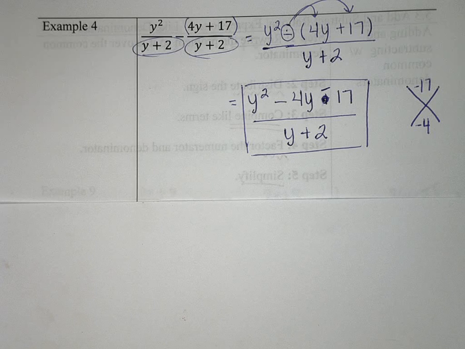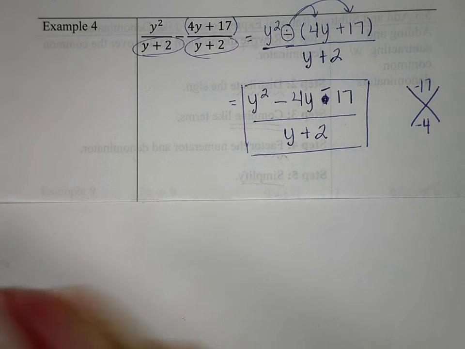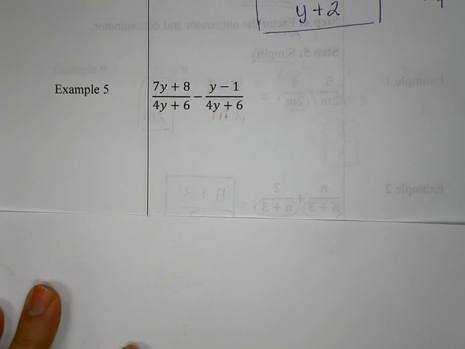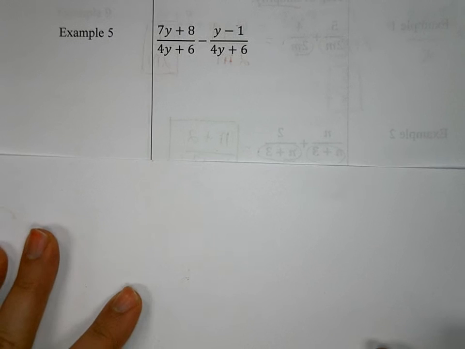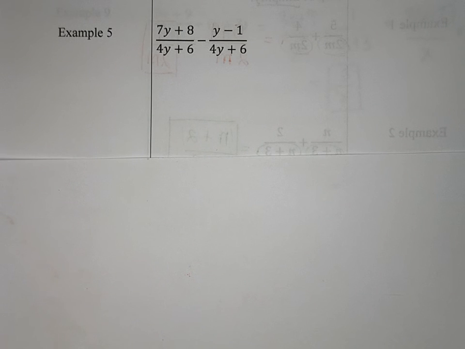Okay, example 5. 7y plus 8 over 4y plus 6 minus y minus 1 over 4y plus 6.